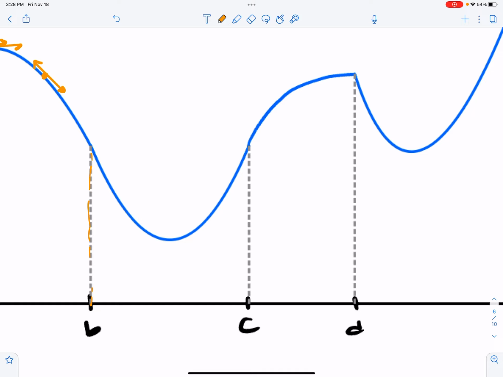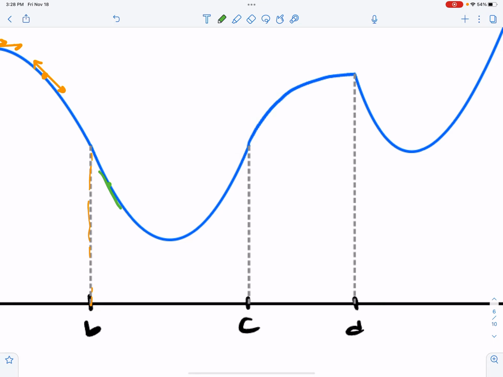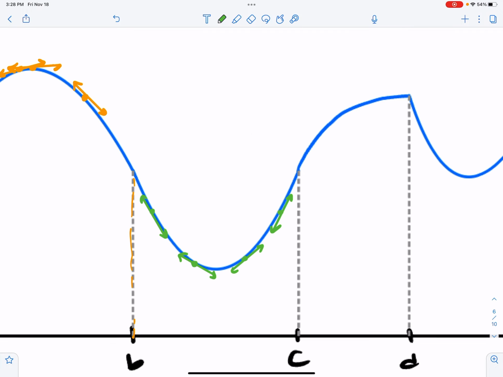And if we look at this next interval, if I again think about drawing some tangent lines to the curve, okay, so reading from left to right on that interval, that first tangent line that I drew here is negative, a pretty steep negative slope.